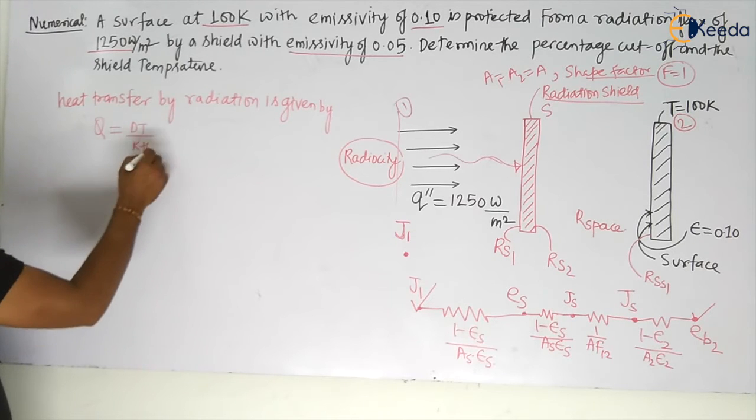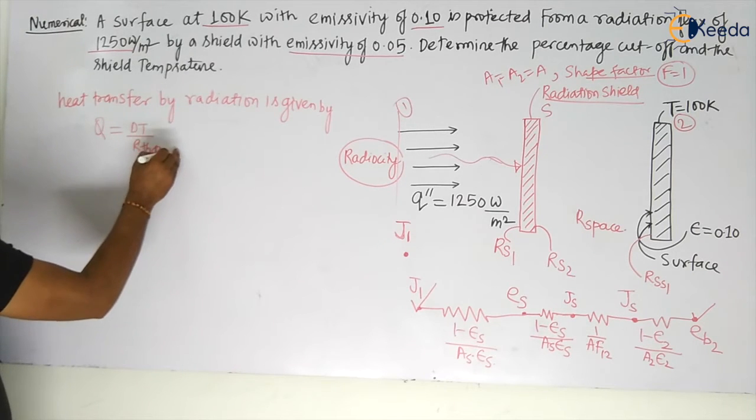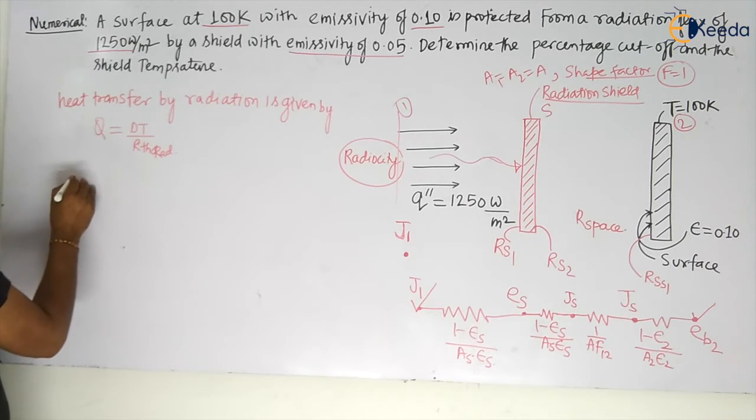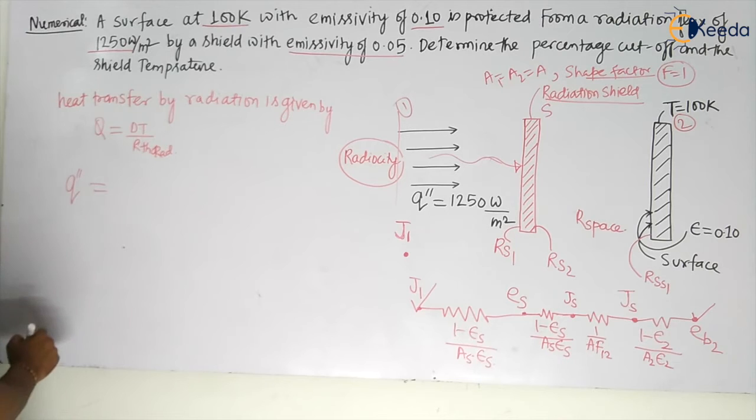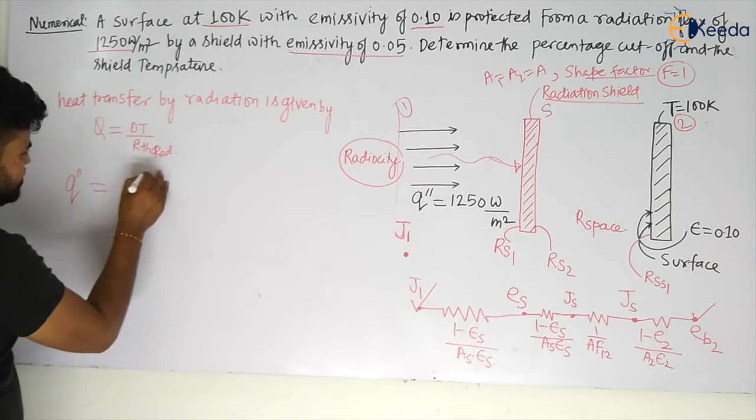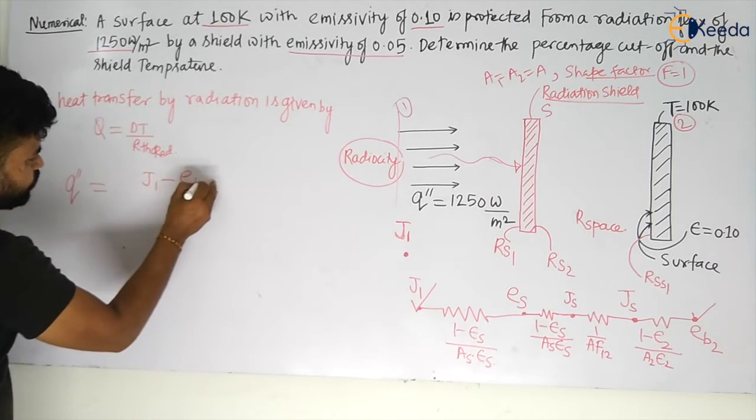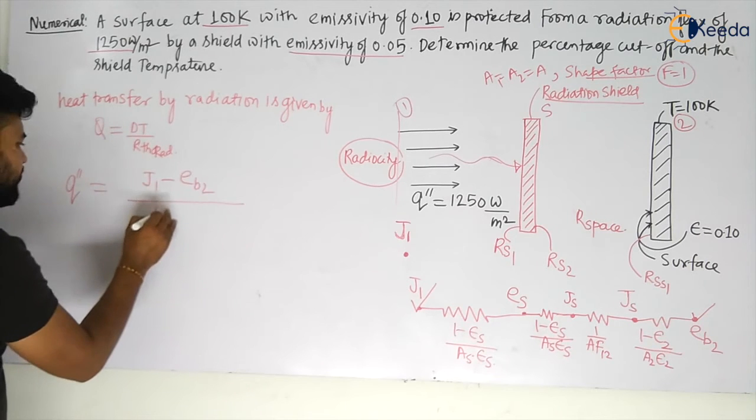So our radiation will be there now. Here, let us see that Q will become equal to, let us take per unit area, that will be flux, and that will be given by J1 minus EB2 divided by R total.